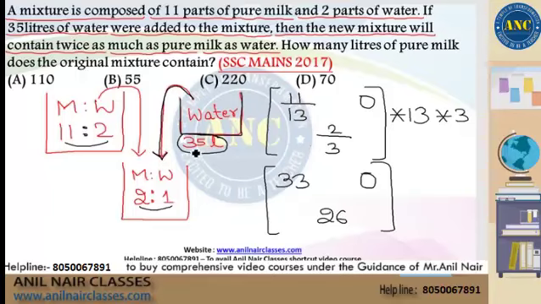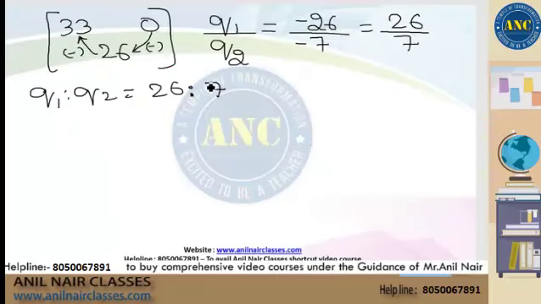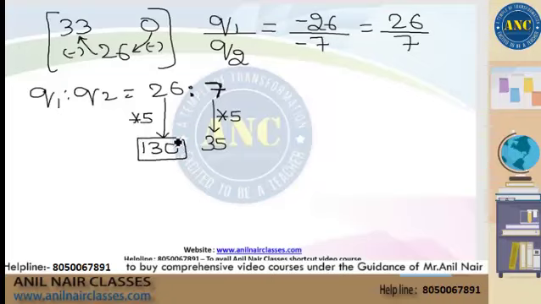That means the water quantity which is present in the second vessel is not 7 liters according to the ratio, but according to the question it is 35 liters. 7 is becoming 35, multiplied by 5. 26 also multiplied by 5. 26 into 5 is 130.